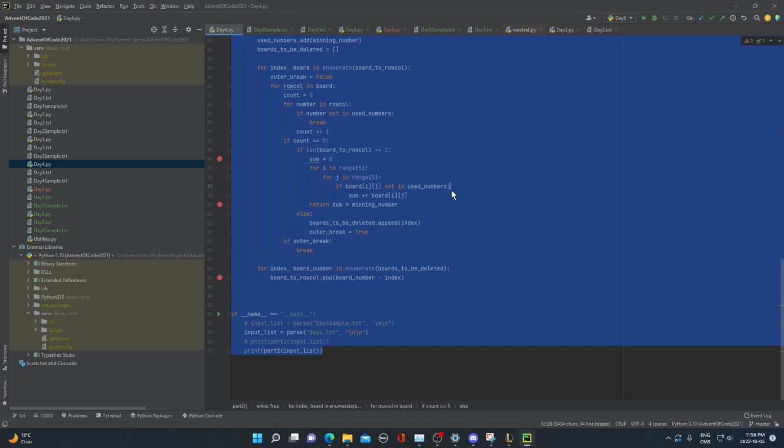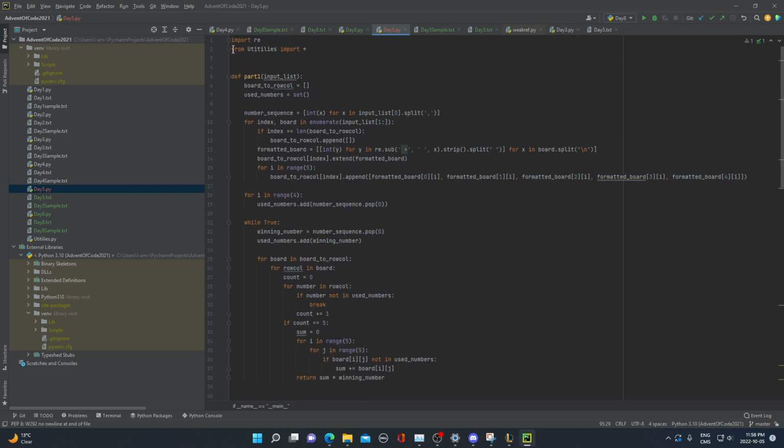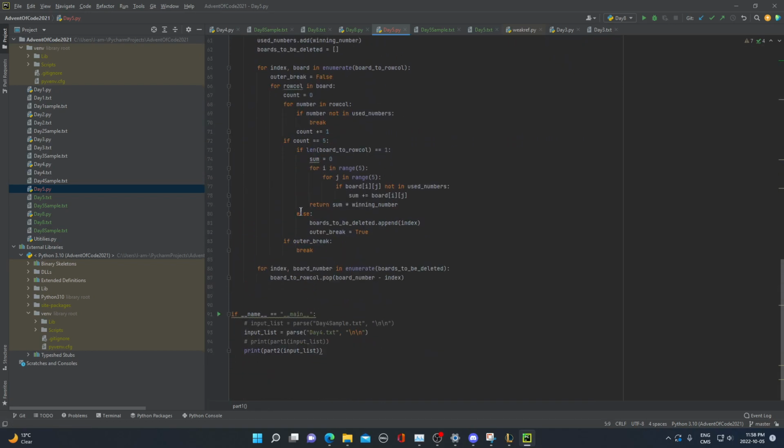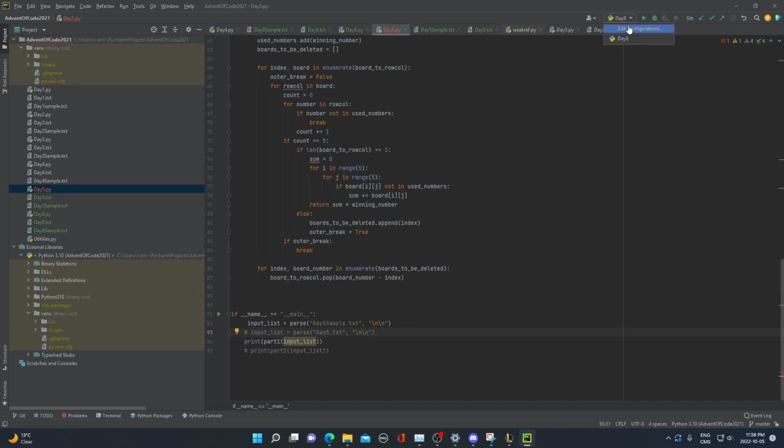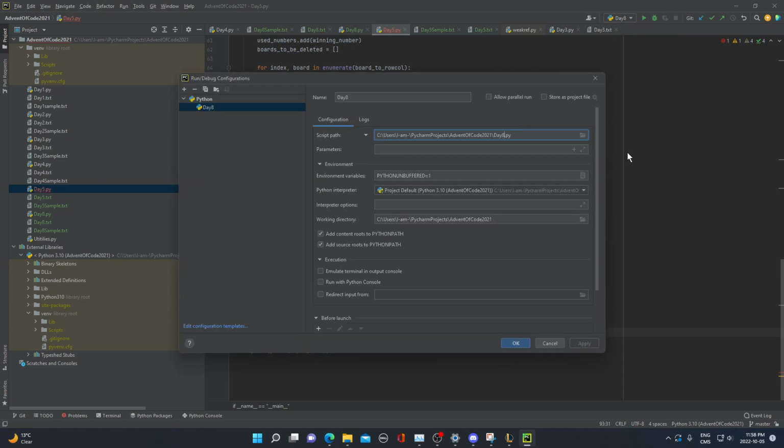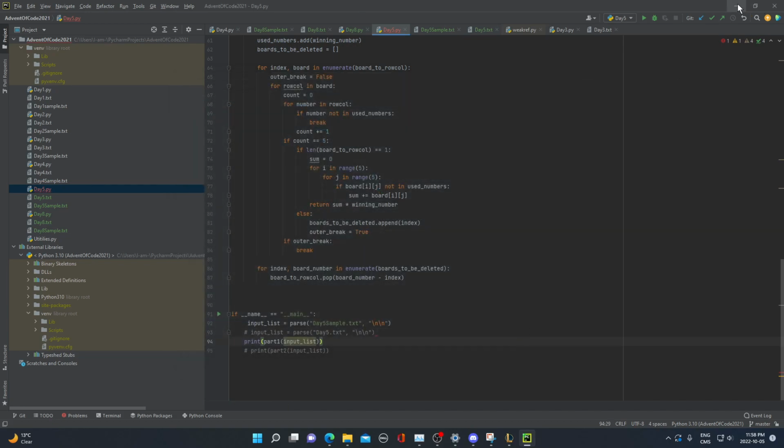And for the Python, we'll just copy everything in day 4. And we're good to go. Maybe I should change configuration before I forget. Okay, we're good.